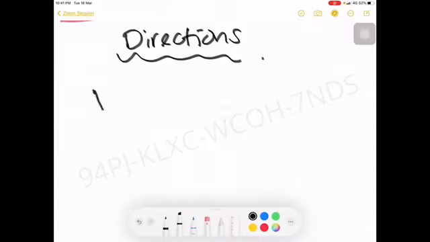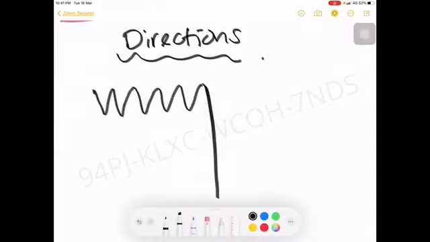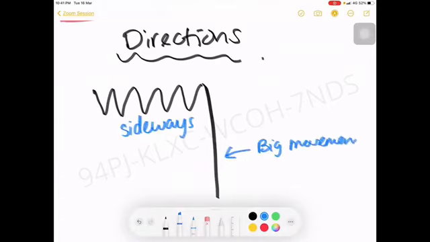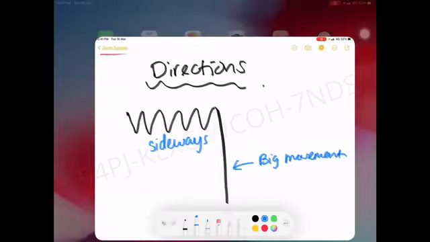So how do I find my direction? I will find a sideways and I will find a big movement. So this is sideways. And this one is big movement. Take a look at this one.